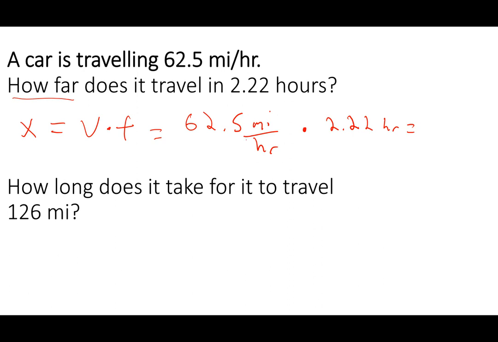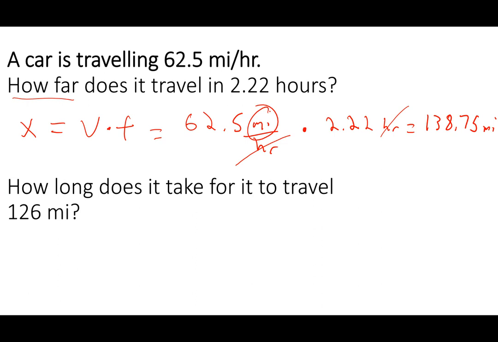Notice that when I do velocity times time, I have hours on top and hours on the bottom, and they're going to cancel out when I multiply these. I put this into my calculator, 62.5 times 2.22, and that gives me 138.75 miles. That's my final unit. That's how far the car traveled.